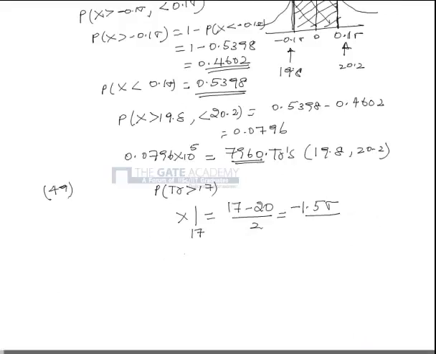From probability tables, P of x greater than minus 1.5 sigma is 0.9332, which is nothing but 93.32.